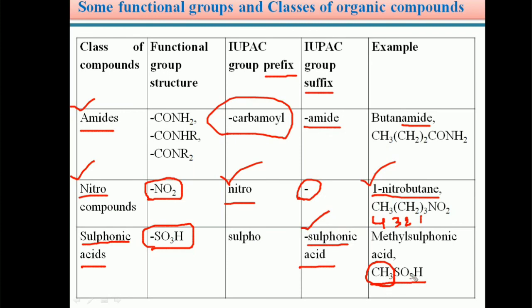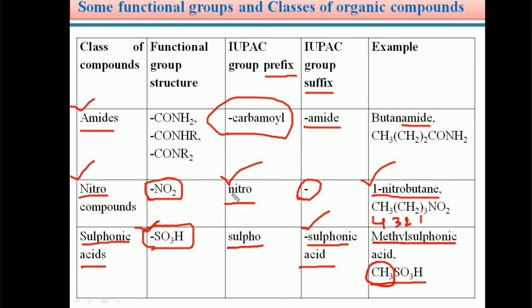Hence the name of this compound is methyl sulfonic acid. If this SO3H group is a substituent, then the IUPAC group prefix is sulfo.